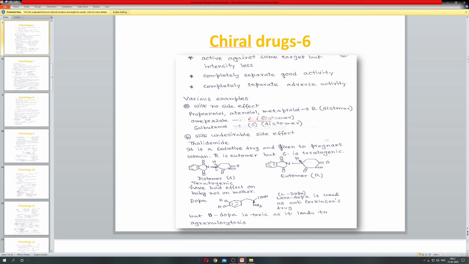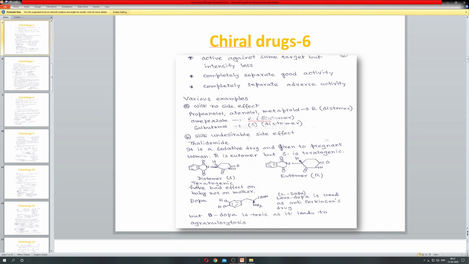So inside those ladies' bodies, that eutomer did its work, but this distomer showed toxicity on the baby, not on the mother. So this is called teratogenic.